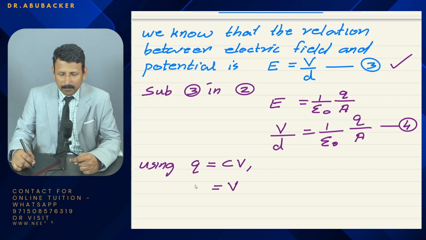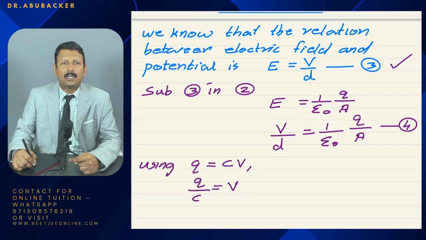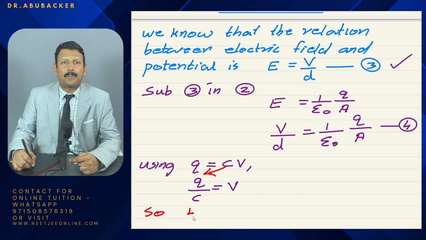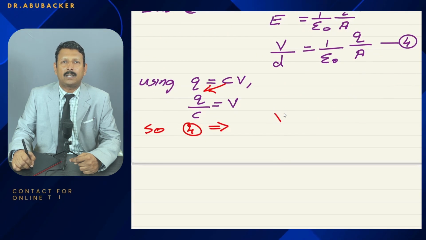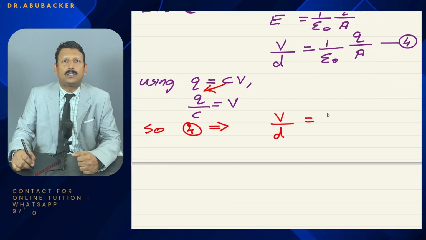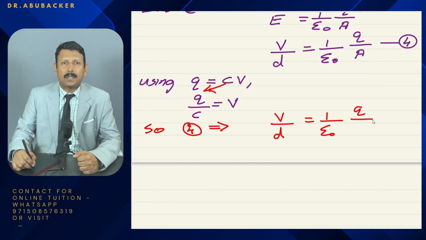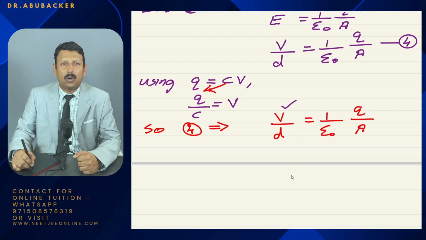Now you know the main expression for the capacitor, Q is equal to CV. So we need V now. V is equal to Q by C. Substitute now. The actual expression is V by D is equal to 1 by epsilon 0 times Q by A, right? In the place of V, we are going to substitute Q by C. Already one D is there in the denominator.